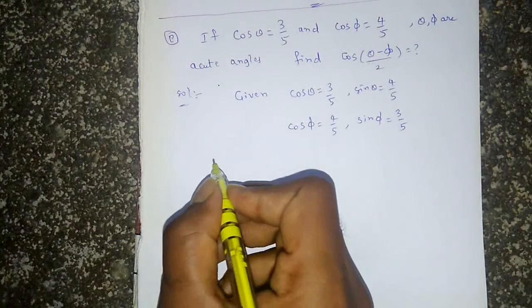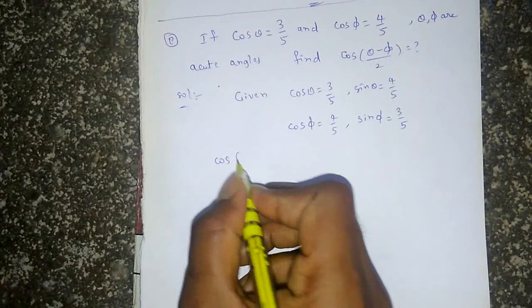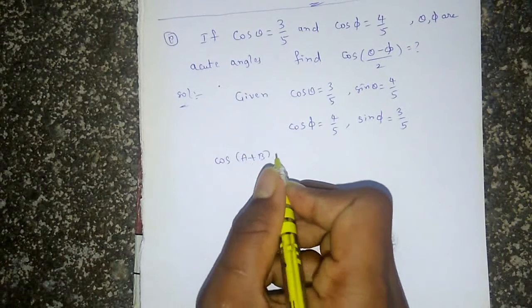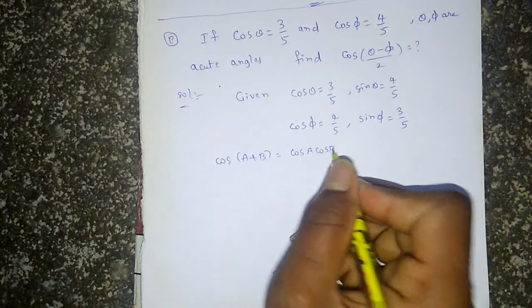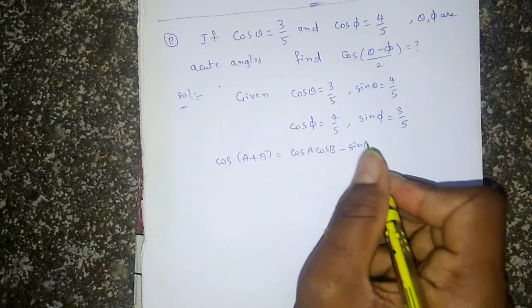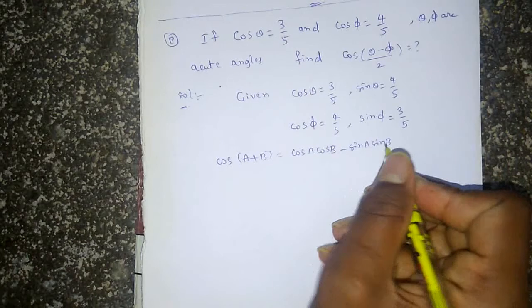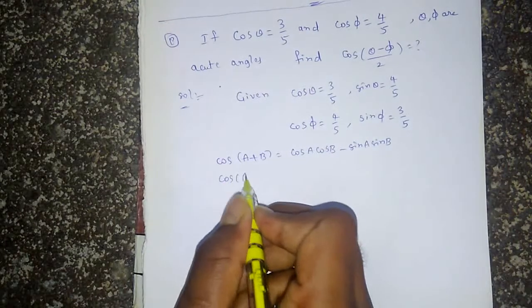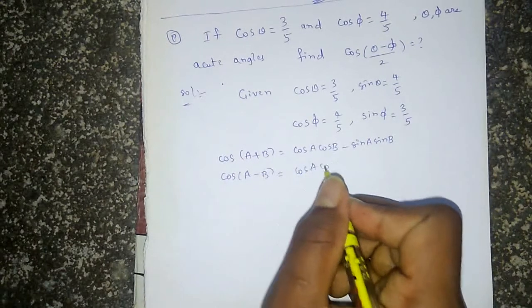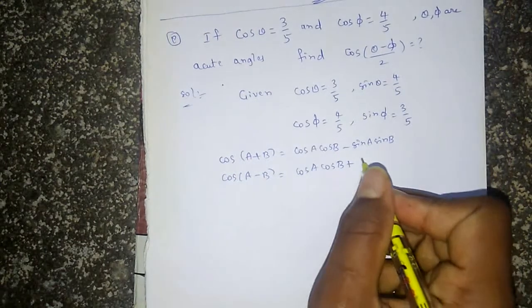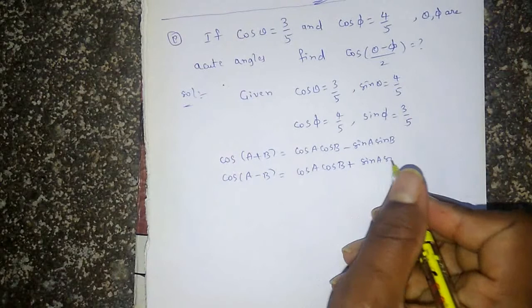Now cos of a plus b formula is cos a cos b minus sin a sin b. Similarly, cos of a minus b is equal to cos a cos b plus sin a sin b.